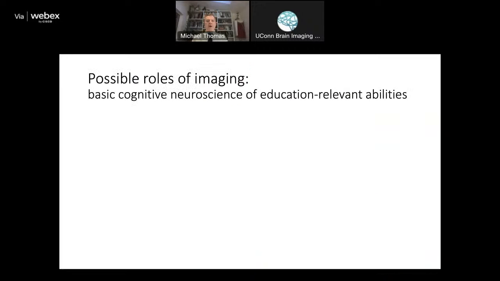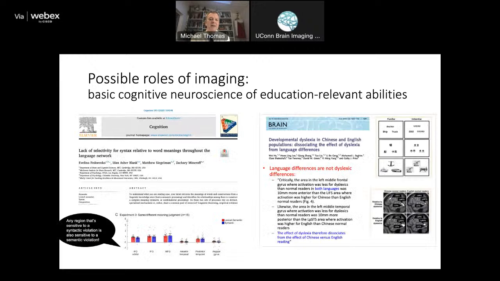Okay, so now we're moving on to possible roles of imaging in educational neuroscience. And we'll just start with the idea that maybe you just want to use your cognitive neuroscience to understand more about how education-relevant abilities work. So, for example, here's a couple of papers.